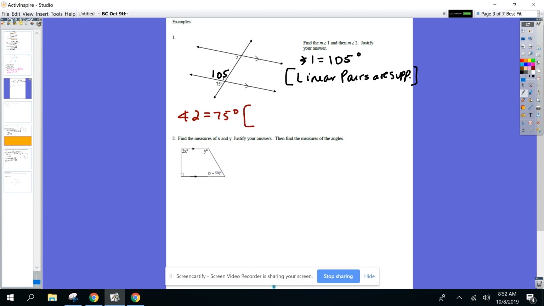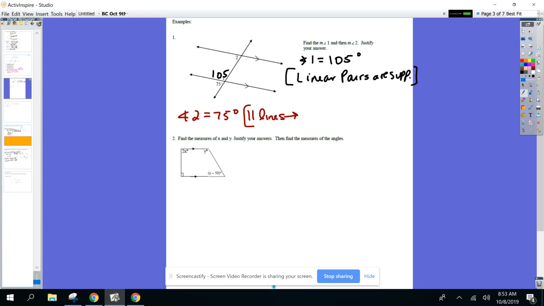Now let's talk about our justification, because I'm going to need you to get specific. What we write here today will be the reasons column of our proof tomorrow. What did I give you right on the diagram? What did I give you about those lines? So that's how I'm going to start this justification off. Parallel lines, and then a little arrow to the right, which means implies, yes?